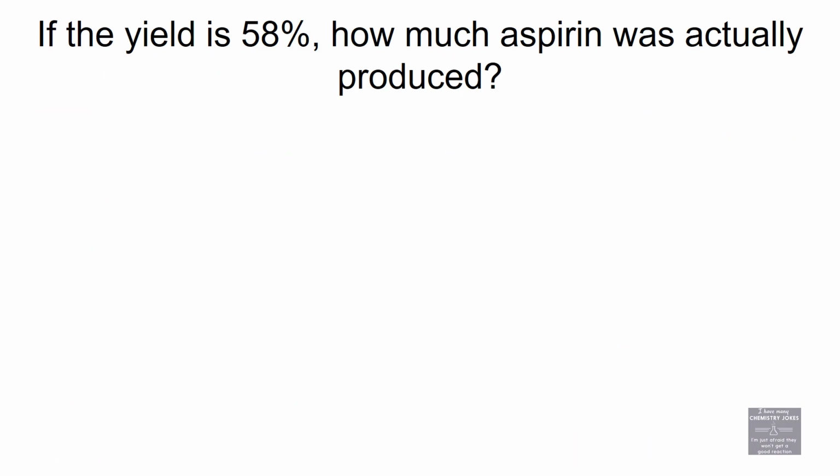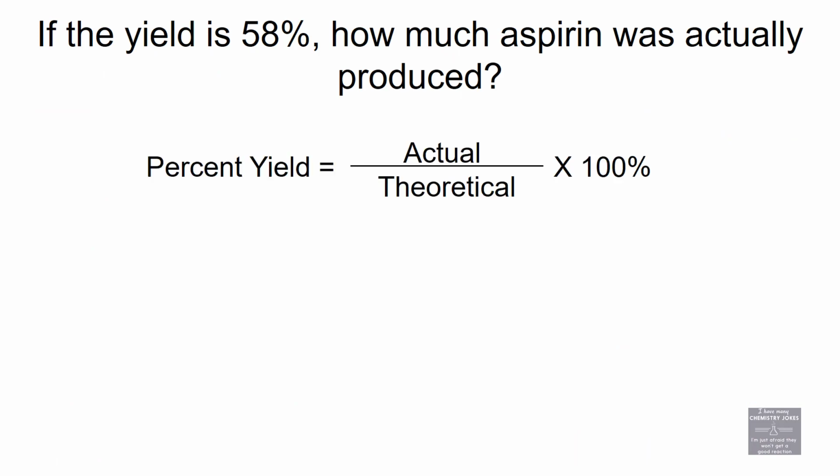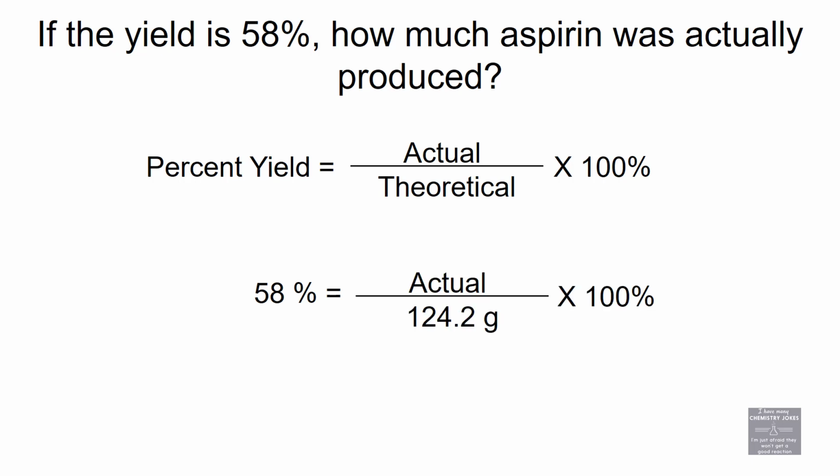But if the percent yield is 58, percent yield is actual over theoretical times 100. Well, 124.2 is my theoretical according to the table I filled out. I can do a little cross-multiply kind of thing here, and get that 72.04 grams of aspirin is what I actually produced with a 58% yield.